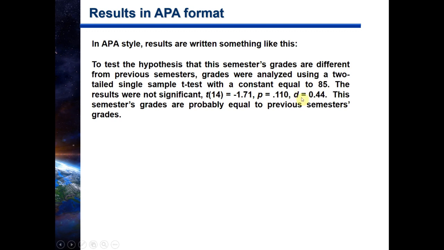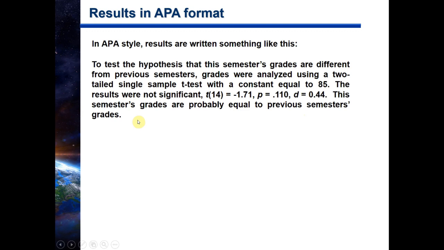This is new for you. This is Cohen's d, which is a lowercase d, and it's italicized. And because Cohen's d can be greater than 1, we put the 0 in front of whatever the effect size was. So it's 0.44. This semester's grades are probably equal to previous semesters' grades.